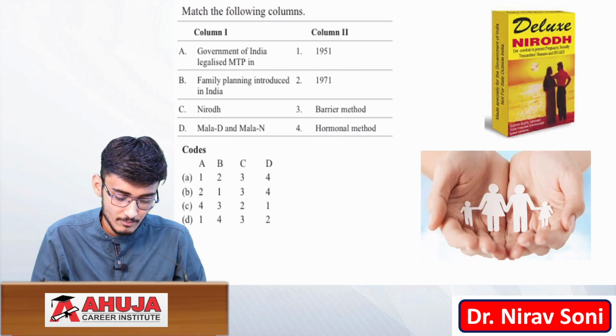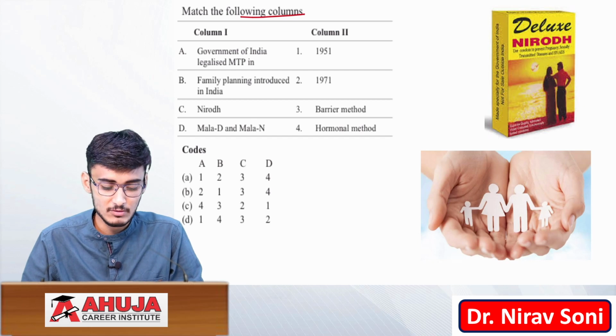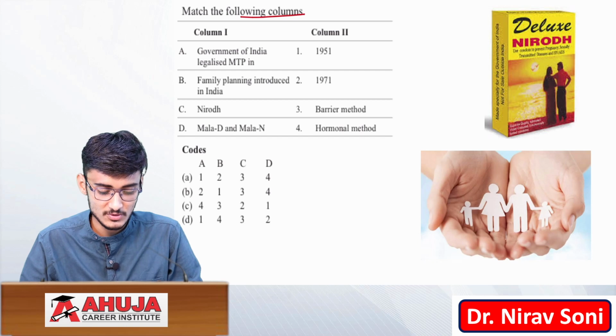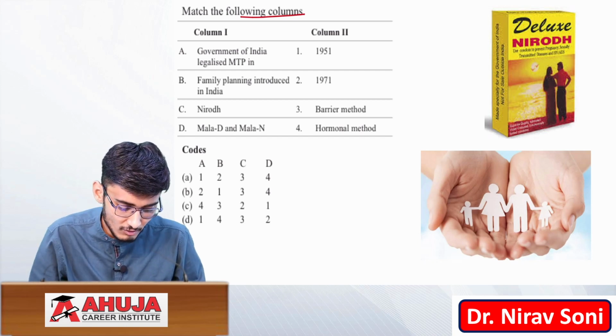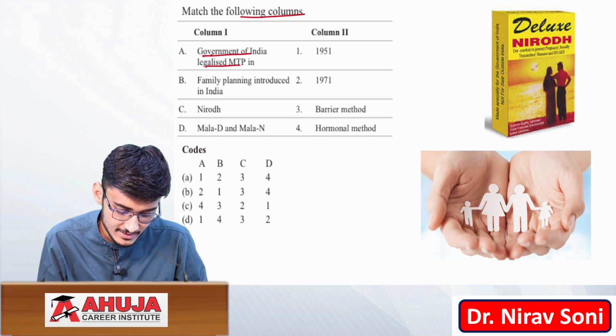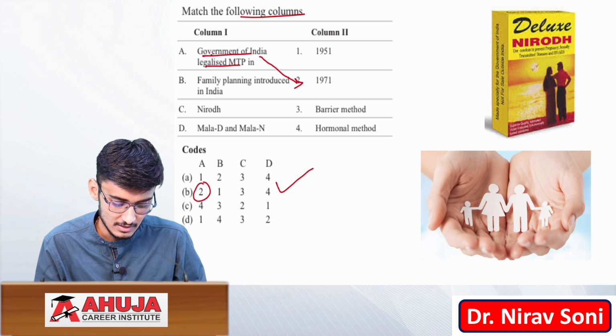Next MCQ, match the following columns. A, B, C, D, and find the column 2 options 1, 2, 3, 4 to get the correct option respectively. Government legalized MTP in 1971. Option B should be right over here. Family planning was introduced in India in 1951.